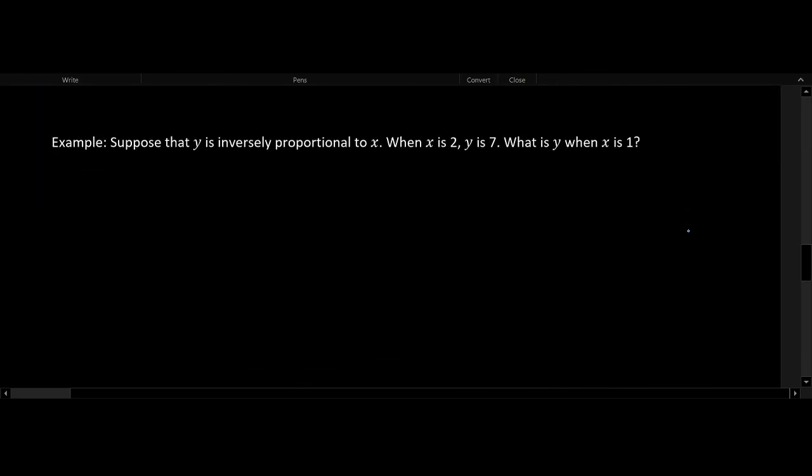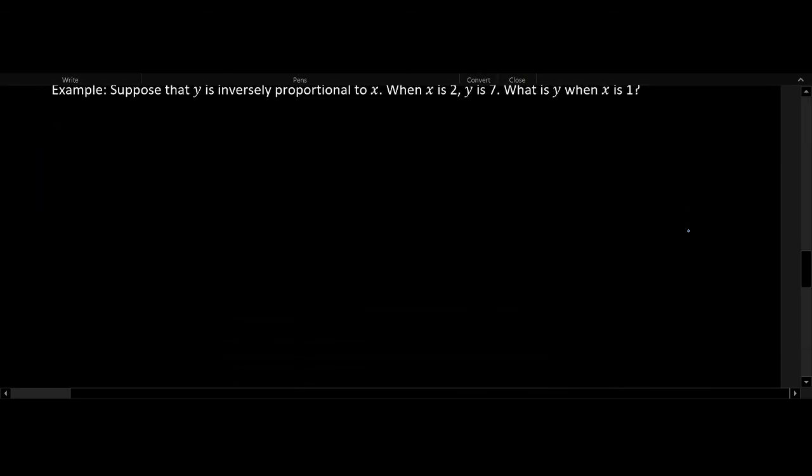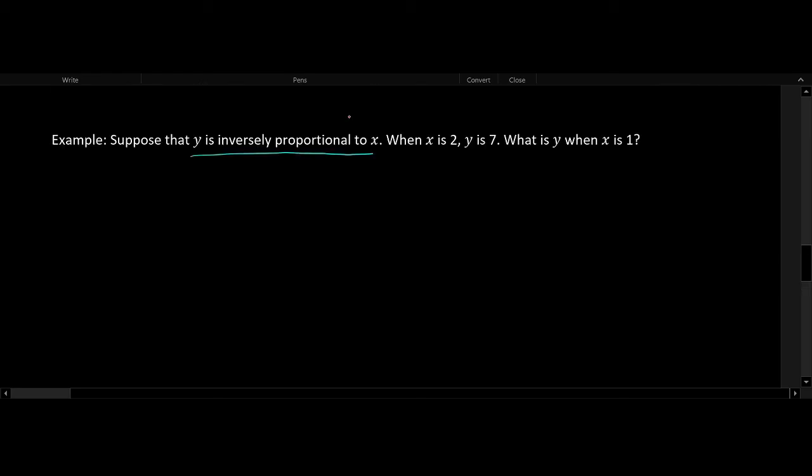Now let's do one more with an inverse proportion. They say that y is inversely proportional to x. We're also told that when x is 2, y is 7. So what happens to the y value when the x is changed to 1?